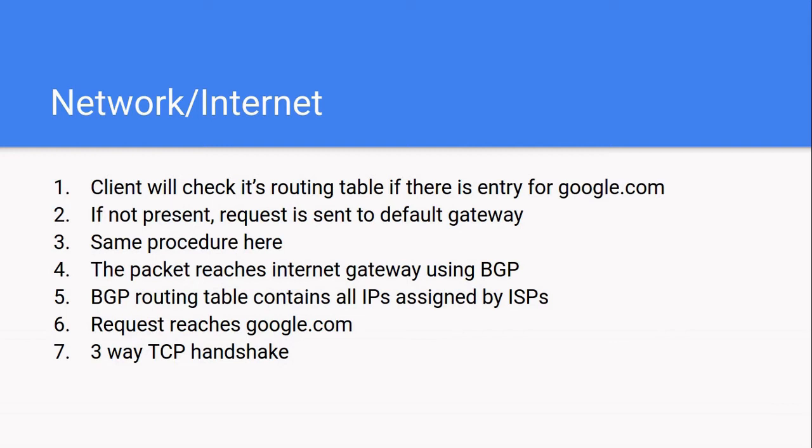Then BGP will reach the destination network, and there will be a process called the three-way TCP handshake. In this three-way TCP handshake, the server and the client communicate their communication methods and negotiate the rules and protocols for how they are both supposed to communicate. We will also cover this in the next part.